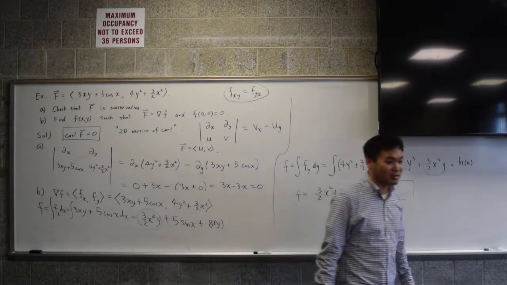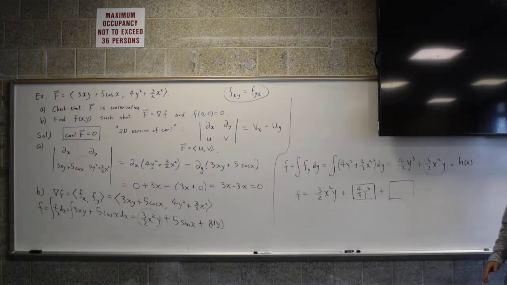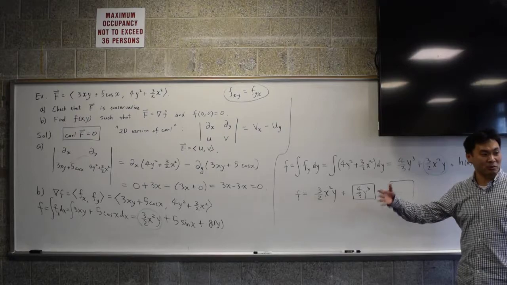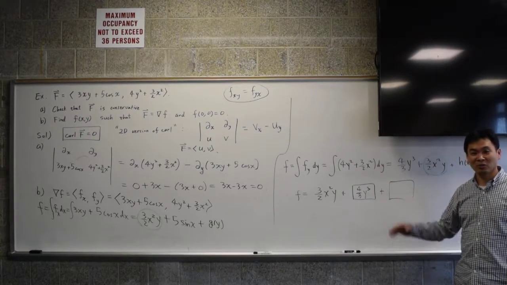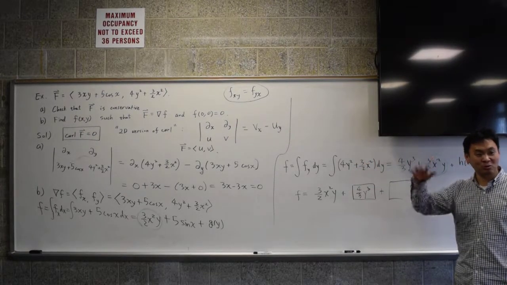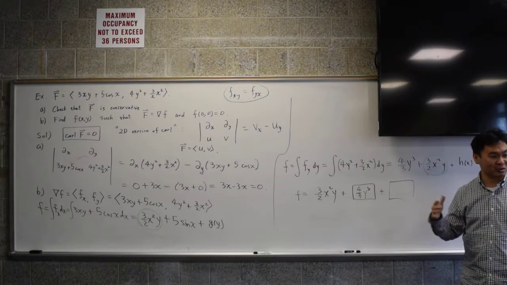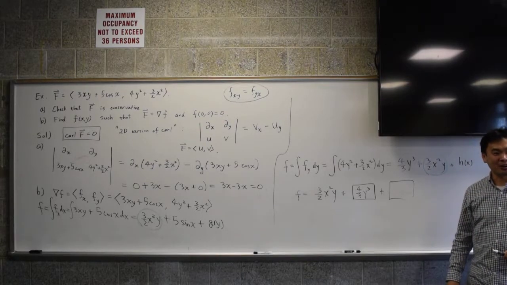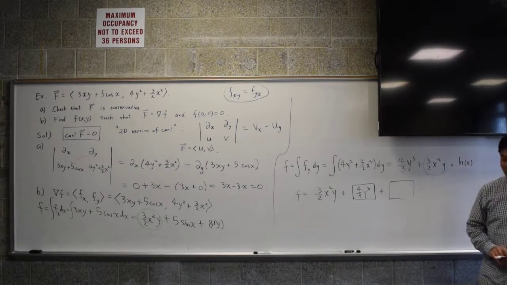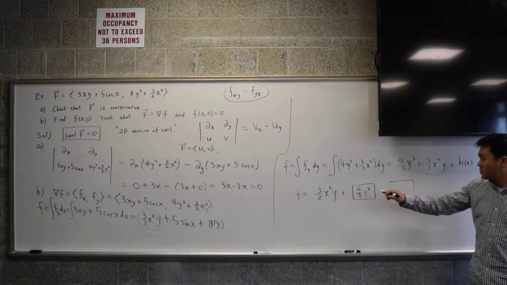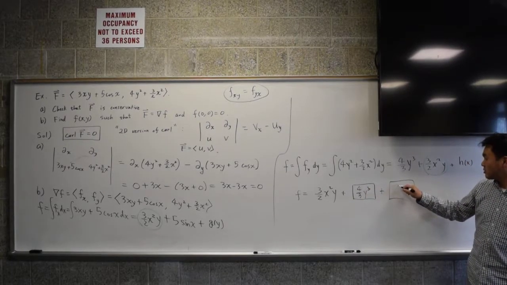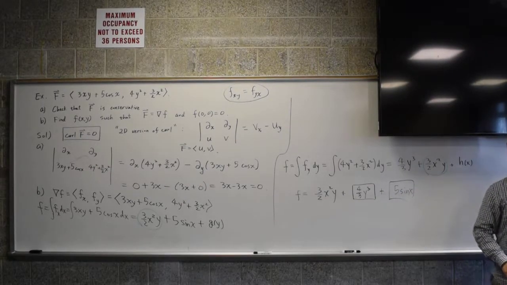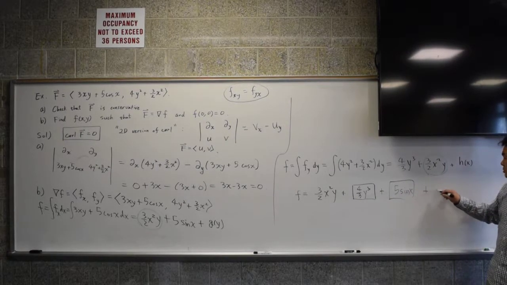It's like having one person, and you need to know more about this one person. And because you can't talk to this guy, you talk to two of his friends and get two different descriptions, and you have to match the different descriptions to get a single correct description of this person. Okay, and that's what's happening. So it's like this, and plus 5 sine x. Okay, and then finally you could have a plus c.